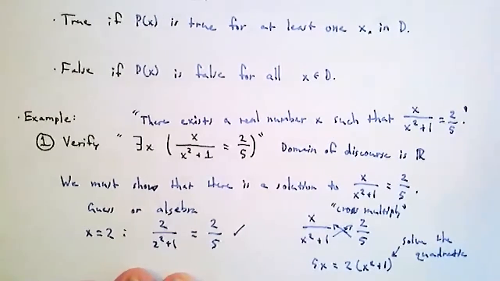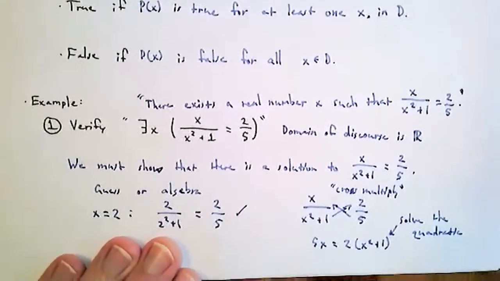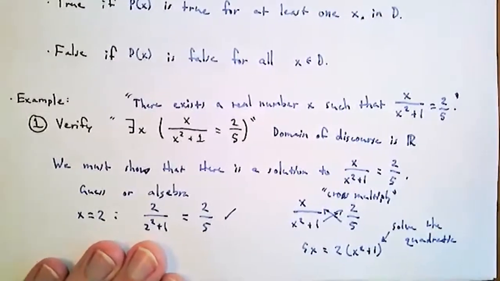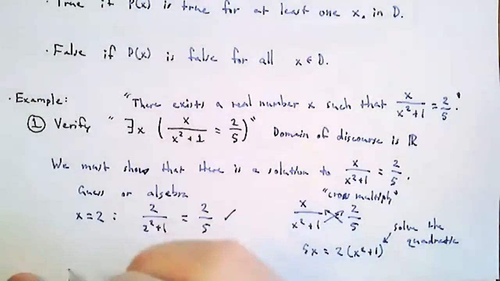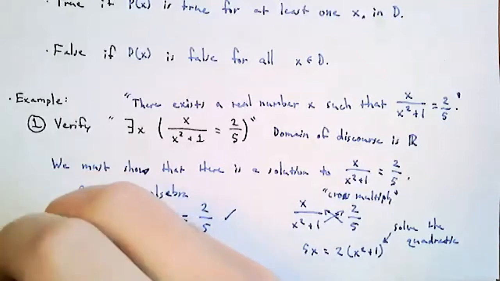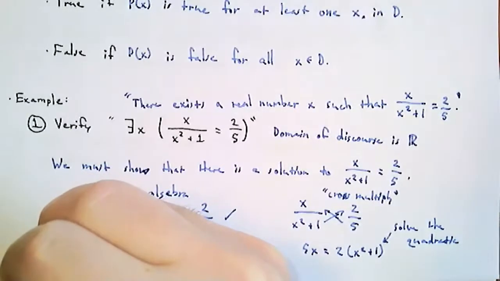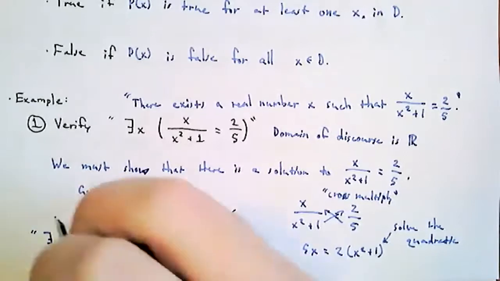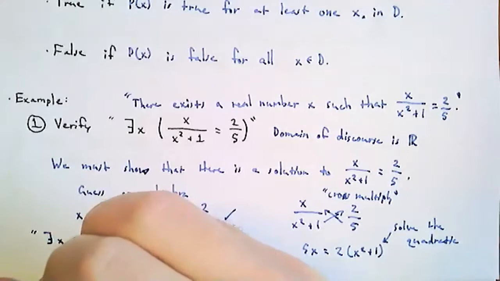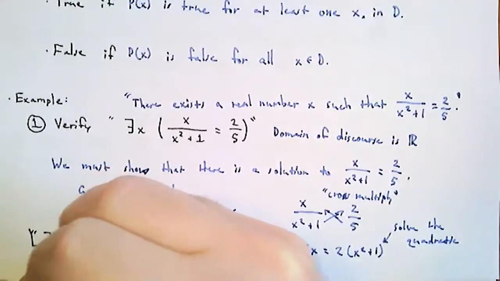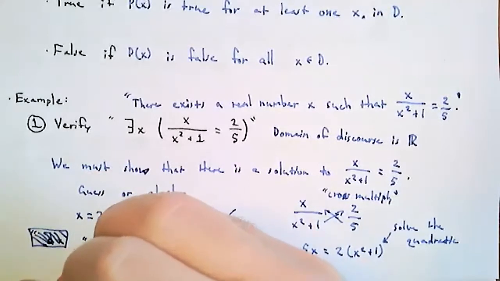But there are different kinds of existential statements. Just to make one up real quick, there exists x, well, maybe I'll just write it out in English. Maybe there exists a planet with life on it.